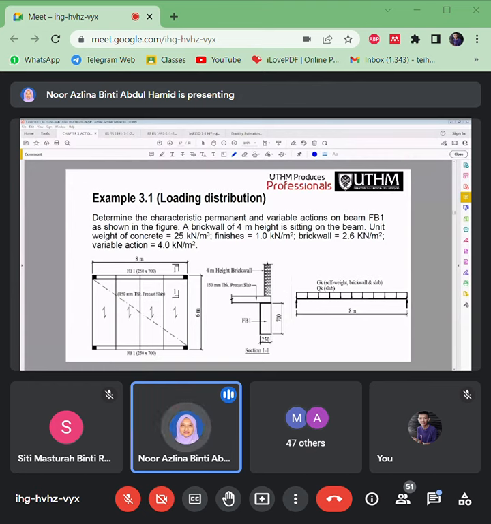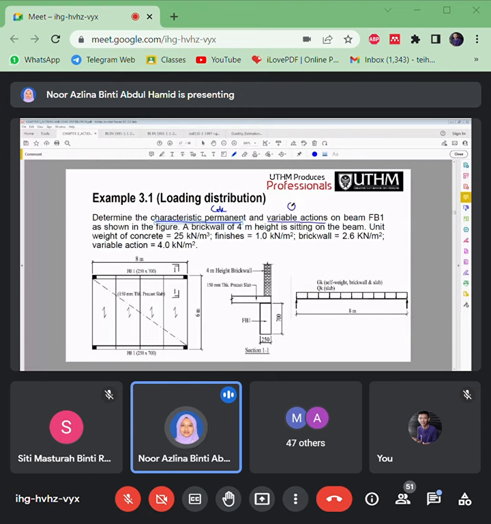Okay, so this is one of the examples on how to calculate the load from the slabs. Okay, determine the characteristic permanent. Tengok, baca je dah faham kan characteristic permanent. Which is you have to determine the GK and variable actions.